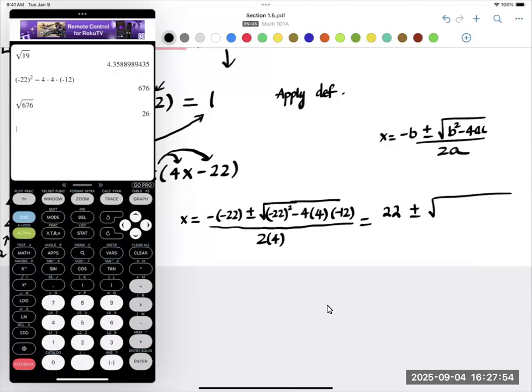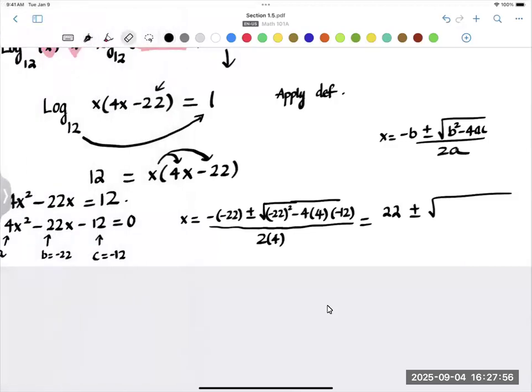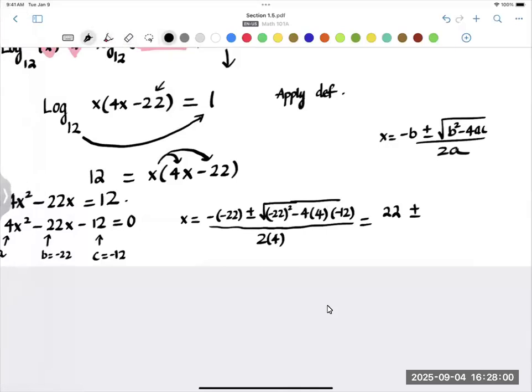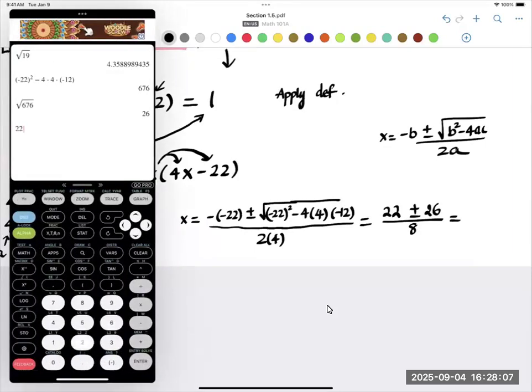So I'm going to take the square root already. So instead of adding those things, I'm going to add in 26, all over 8. Now combine the numerator: 22 plus 26 is 48 over 8. So this gives you x is 48 over 8.